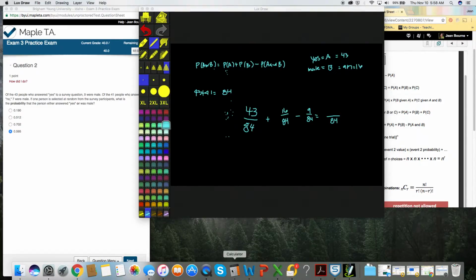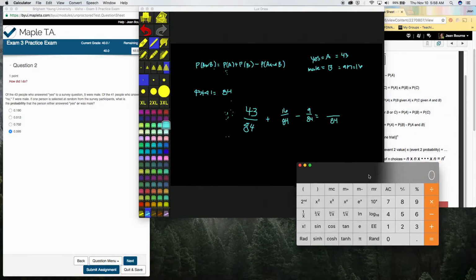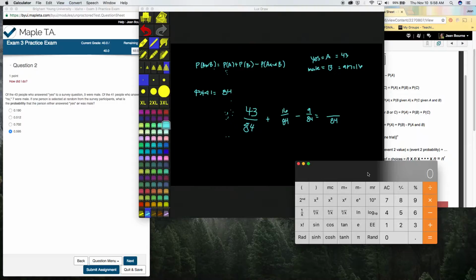So let's use my mouse. 43 plus 16 minus 9 equals 50. Is that right? It doesn't look right. 43 plus 16 minus 9. Oh, it is. Okay, so I get 50 over 84.